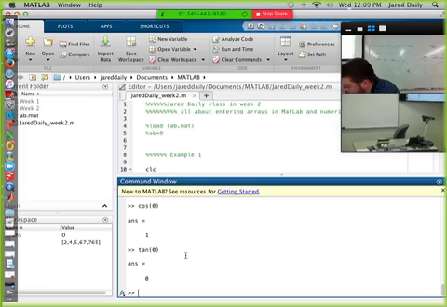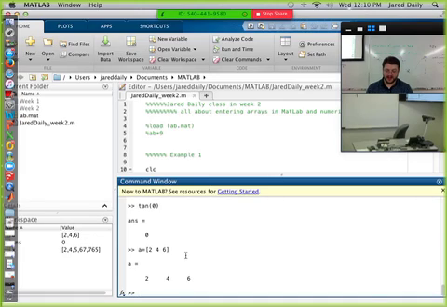You can also use functions within functions. So for example, let's say I do an array, let's call it A, and let A equal 2, 4, and 6.